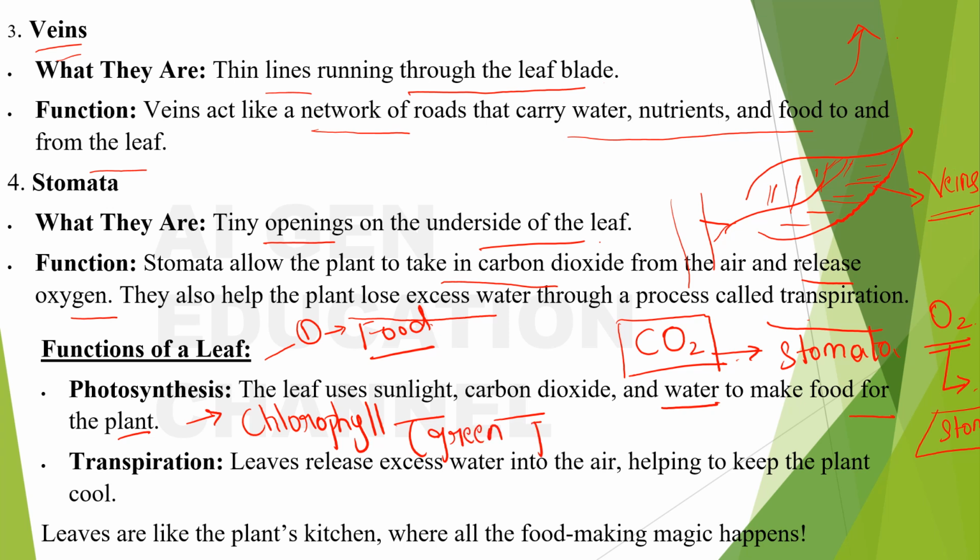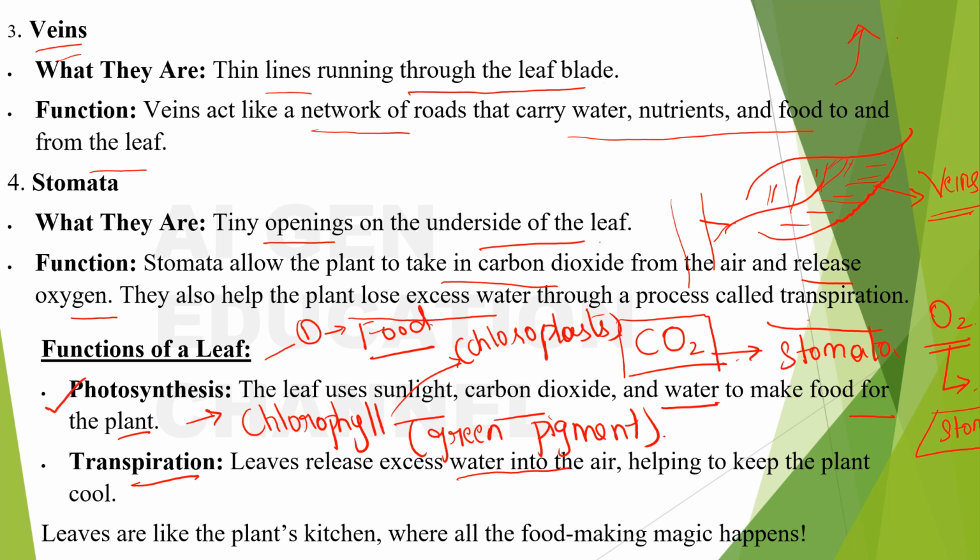You will get this question for sure in the Olympiads because it's so important, crucial, chlorophyll, and it has chloroplasts in it. Next, transpiration. Leaves release excess water into the air, helping keep the plant cool. So what does the leaf do?